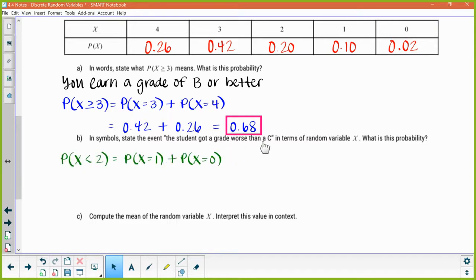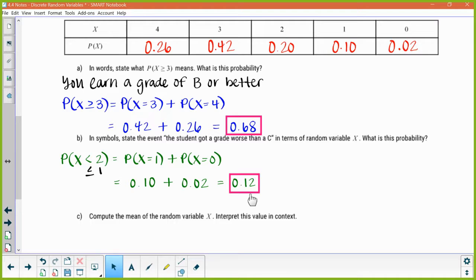Worse than a C is a D or an F, so I did everything less than 2. An alternative way you could have written this is less than or equal to 1. That would still give us the same two outcomes to consider. So I have 0.10 plus 0.02, which is 0.12.